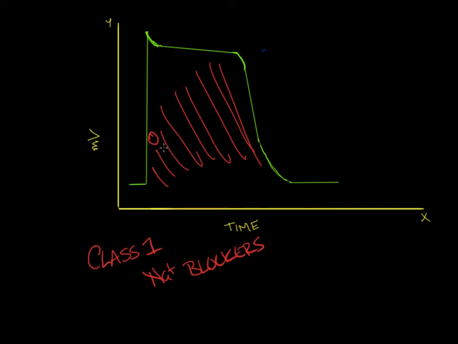So class 1 is going to do this by affecting phase 0, which is where the sodium channels come in. And we're going to move from here to here. So we can clean this up a little bit.